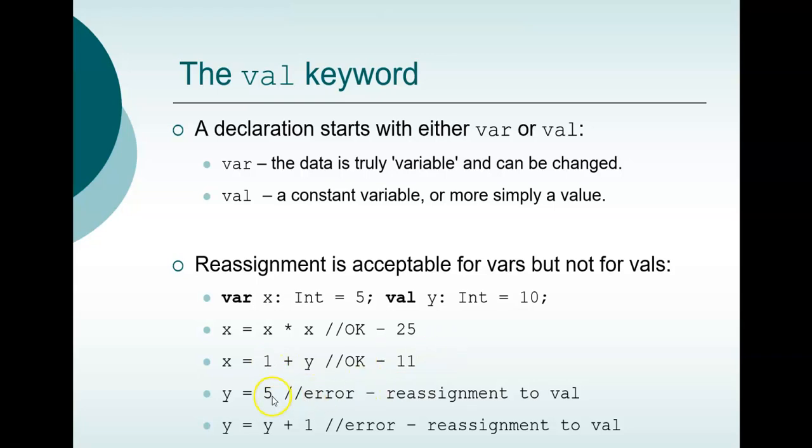But if we assign another value to y, we are going to have an error. Okay, let's try it and see. I always like to try the code so that I can see the effect. You can see the error that is generating. Then you can understand. So let's try it in our IntelliJ.